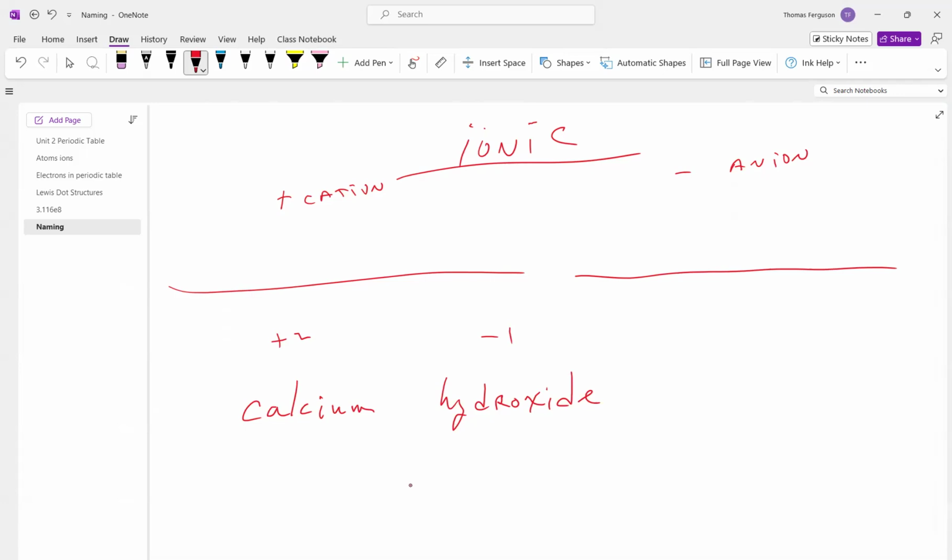So calcium hydroxide is going to be Ca, and we know the charge on the Ca is +2. We need 2 hydroxides. So with ionic compounds, the net charge has to be 0.